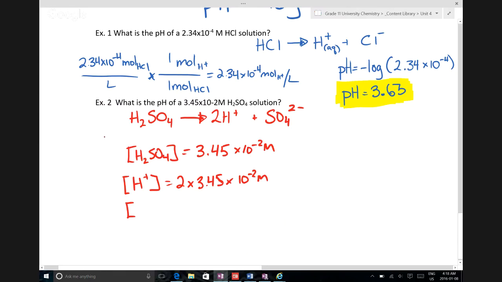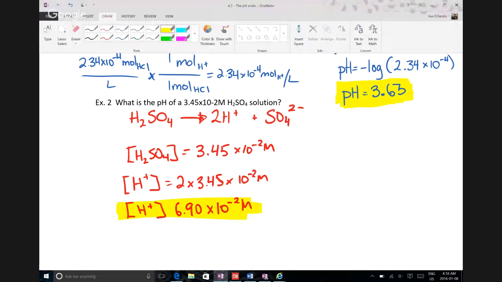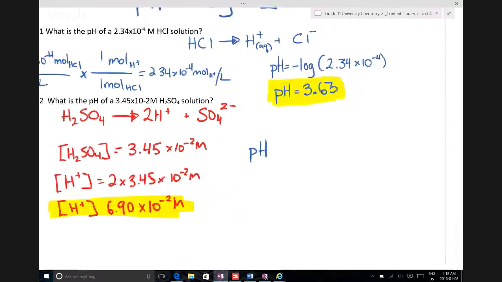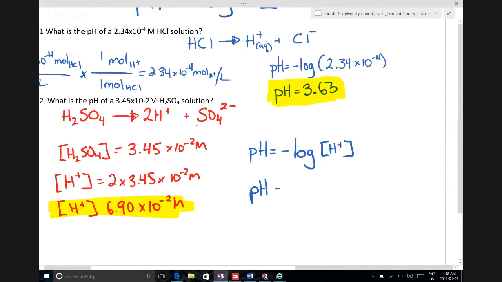And that will end up being 6.90 times 10 to the negative 2 molar. And that's the concentration of H plus. Once we know the concentration of H plus, all we have to do to find the pH is take the negative log of the concentration of H plus. And so in this case, pH equals the negative log of 6.90 times 10 to the negative 2.